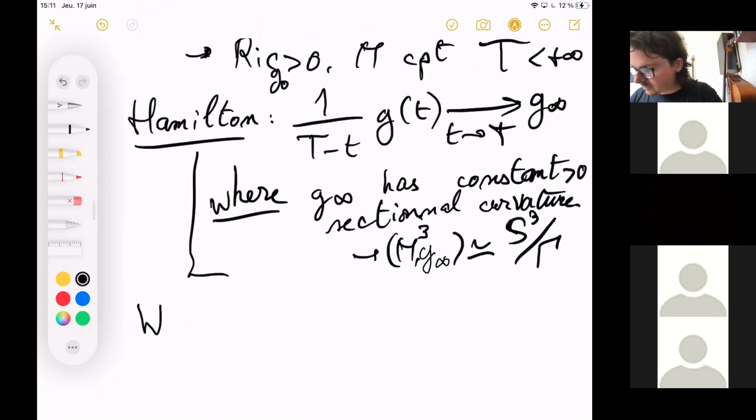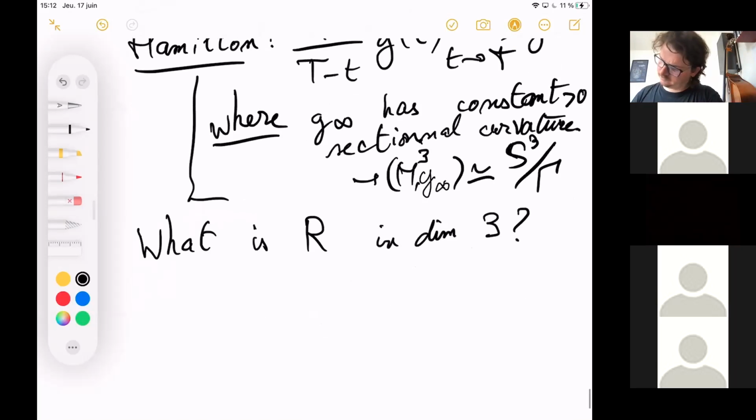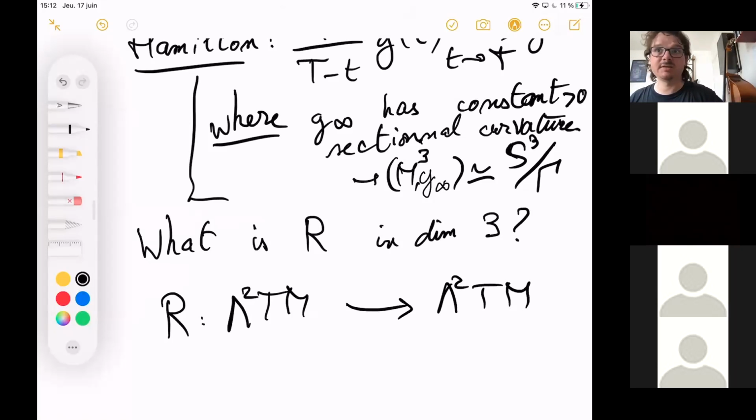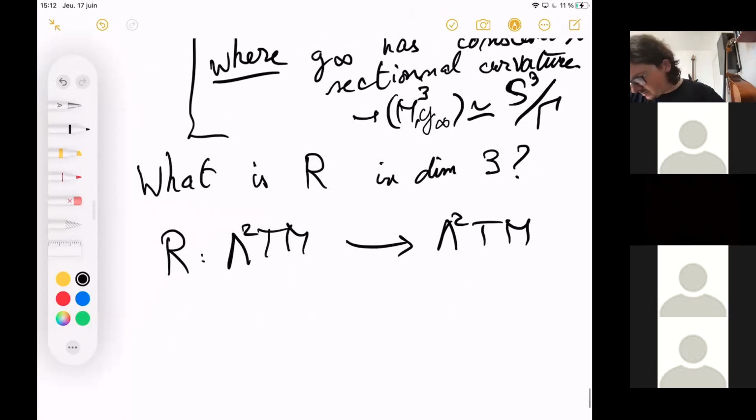So what is R? The curvature operator in dimension 3. R is going from lambda 2 of TM, which has dimension 3. The convention is the following one.